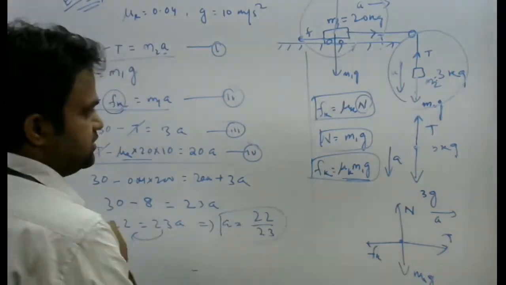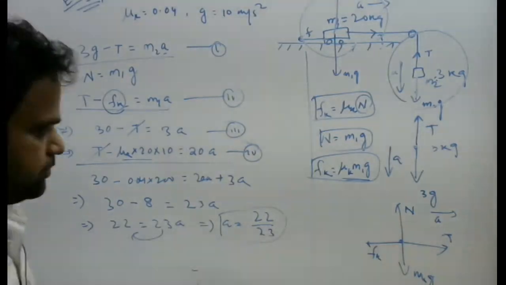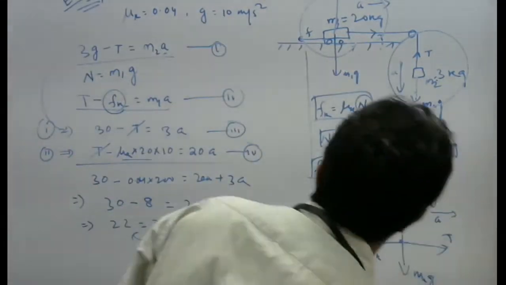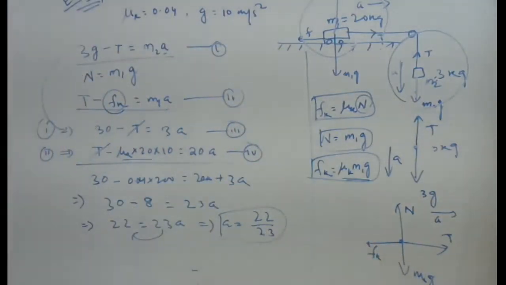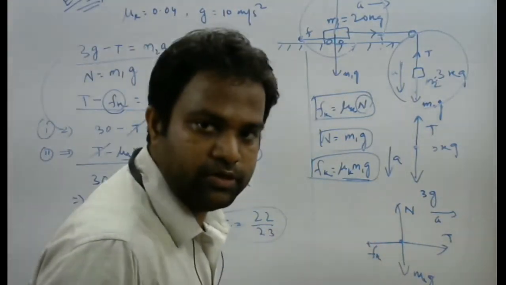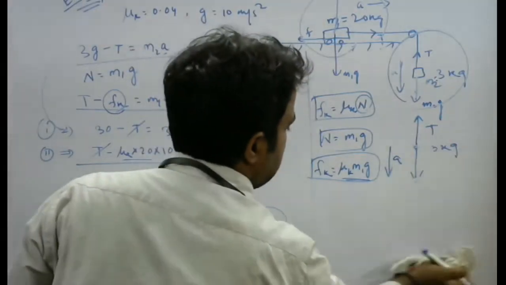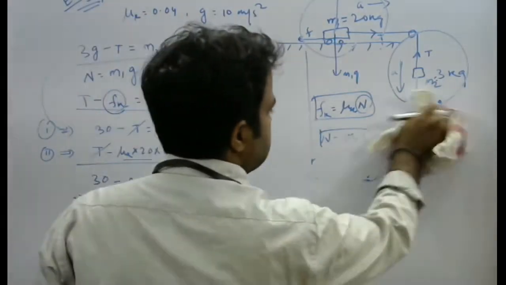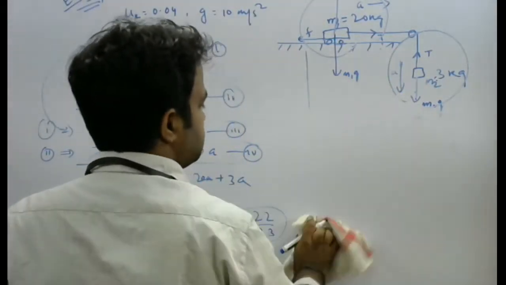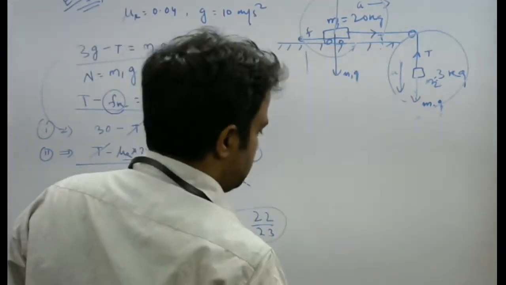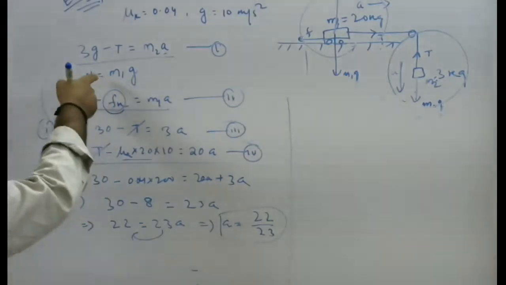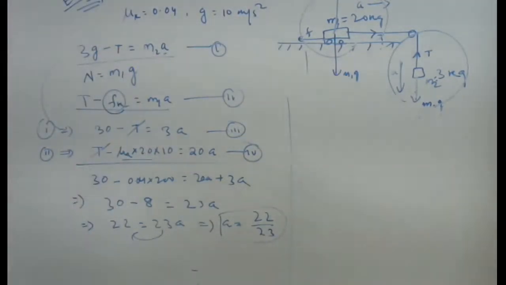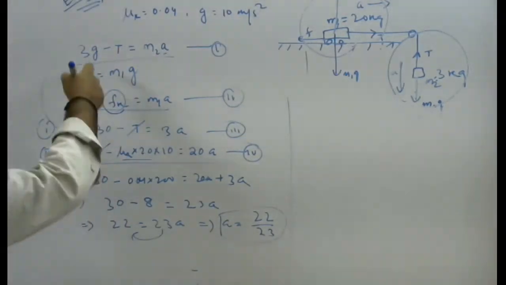So once you get the acceleration, now it's easy for you to calculate the tension. How will you calculate? Put this acceleration in any of the equations, equation 1, 2, any equation.